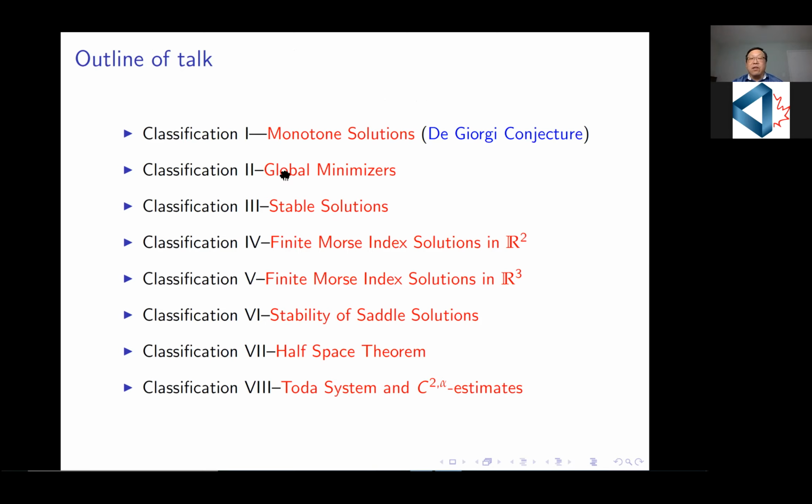Then I will go to the so-called global minimizers, and then stable solutions, and the finite Morse index solutions in R2 and R3, and stable solutions in high dimensions, saddle solutions, and finally half space theorems and the Toda system and the C to alpha estimate. So all these 8 classifications are just us trying to understand the solution structure of this simple equation.